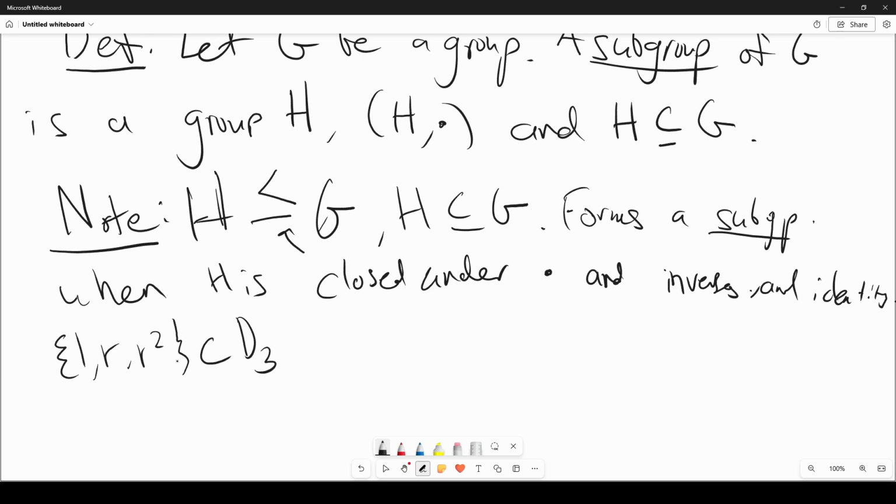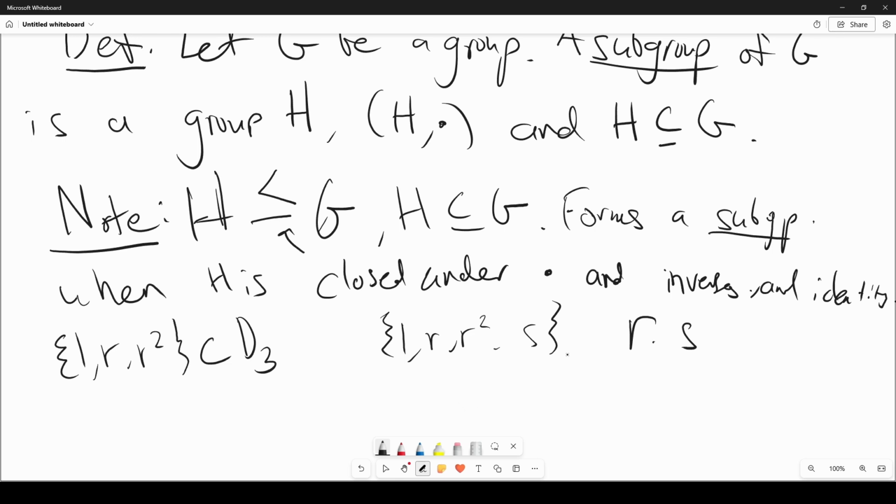In this subgroup, if you multiply any two elements, you stay within it. But imagine I had an extra s in here: 1, r squared, and then s. This, I claim, is not complete, because I can do r times s, and that's not any of these elements here. So clearly it's not closed under multiplication, and it can't form a group.